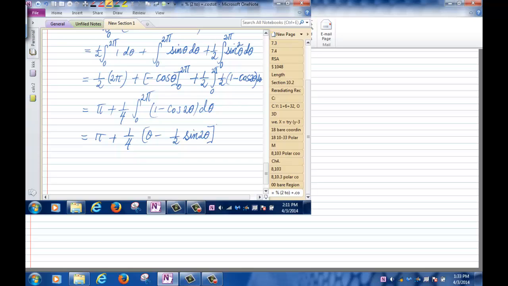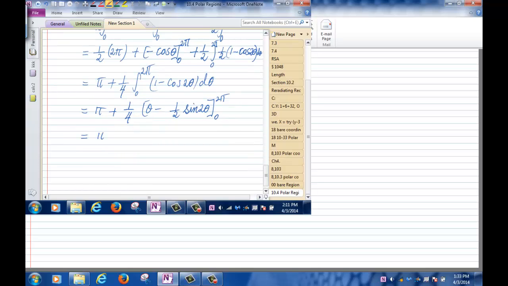So you get 2 pi and 0, and we get pi over 4. Okay, if you plug in 2 pi, what do you get? You're going to get a 2 pi for theta. When you plug in 2 pi for theta for sine of that, it's 0, right? So that's all you get. And when you plug in 0, you get 0, right? So that's all I have. So then what do I have there? It's pi plus half pi, right? Am I getting 3 pi over 2 at the end?